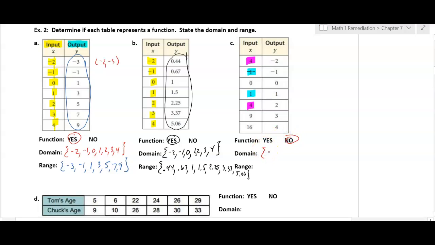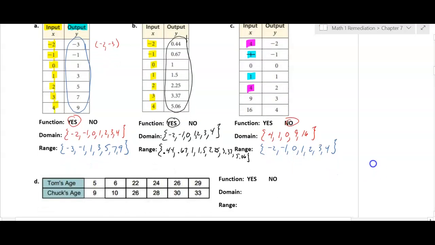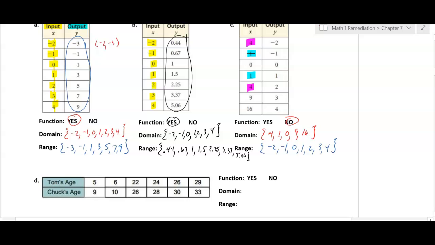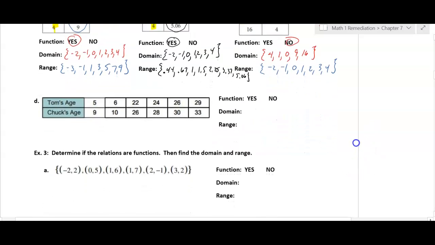Now for practice, the domain would just be 4, 1, 0, 9, 16. We try not to write the repeats. And my range then would be -2, -1, 0, 1, 2, 3, and 4. Okay, so it's very important to know you look for repeating x values.